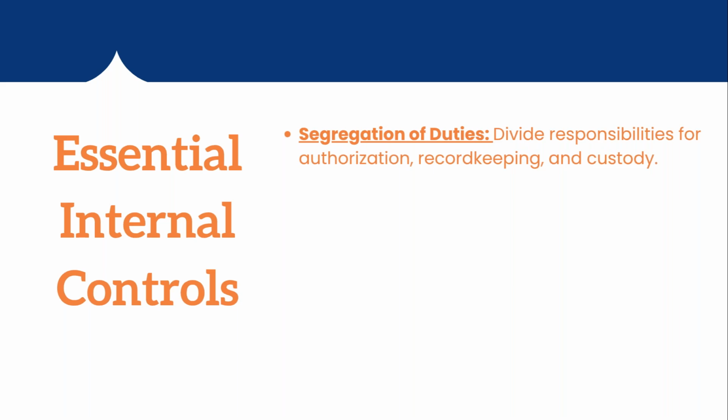So how do we put in place some steps or essential controls to prevent this? Here's your first line of defense: internal controls. Start with segregation of duties. Never let one person authorize, record, and control the cash. Use dual signatures on checks and transfers.